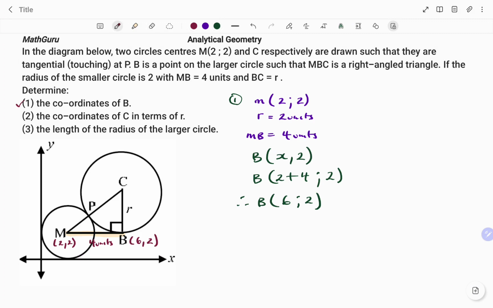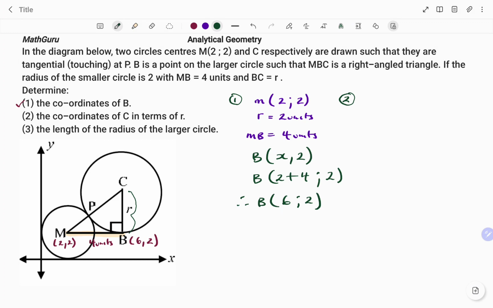The second part of the question says, find the coordinates of C in terms of R. The line CB is perpendicular to the line MB, and therefore if I move R units upwards, that will be on the y-axis.